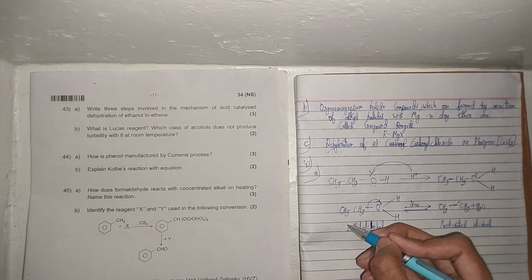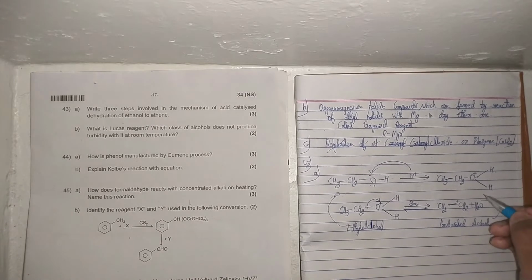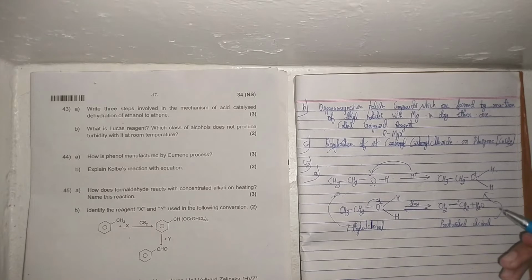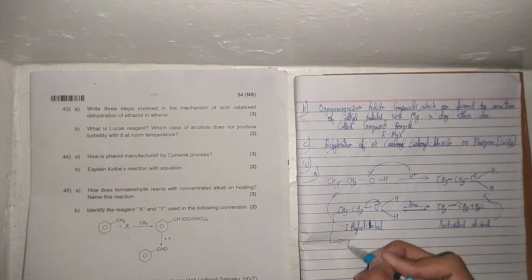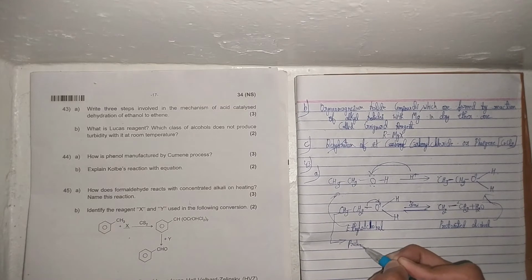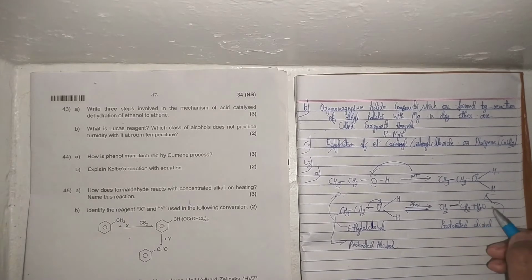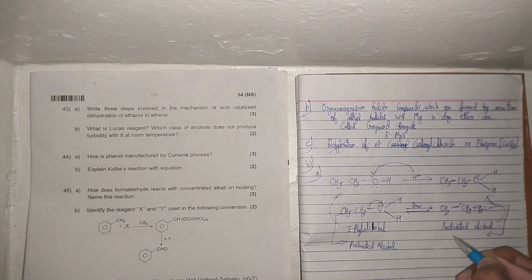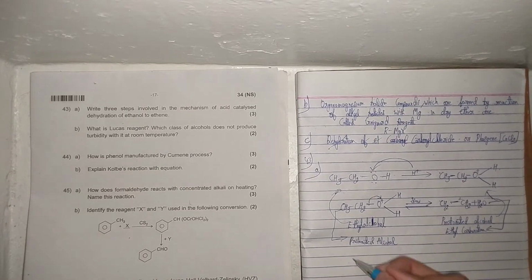Ethyl alcohol is this one, and this one is the protonated alcohol, and the reaction we have got here is the ethyl carbocation.